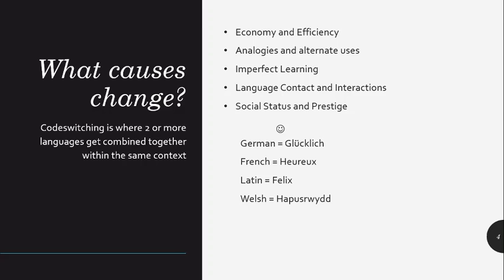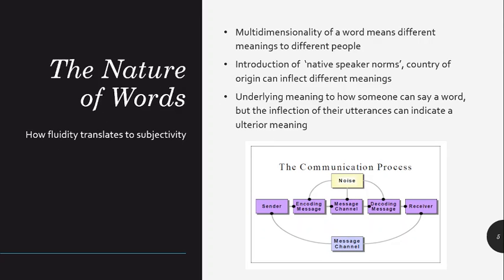And so from this, using each language as a different value, we're going to talk a little bit more about the technological, I guess, process of words. The communication process can play a huge role in defining words.